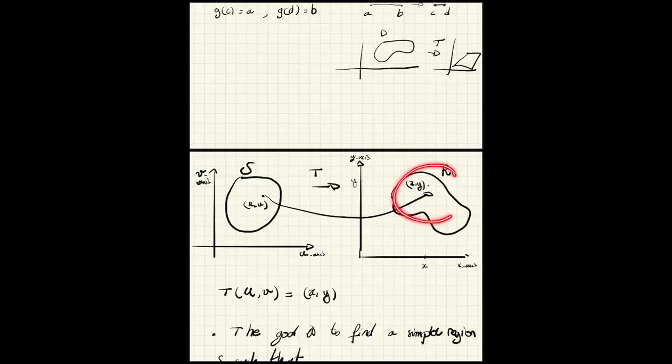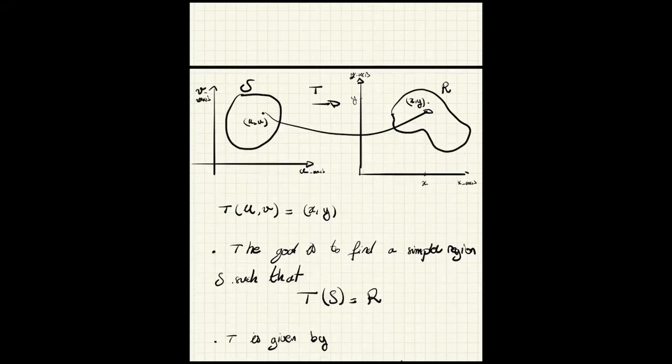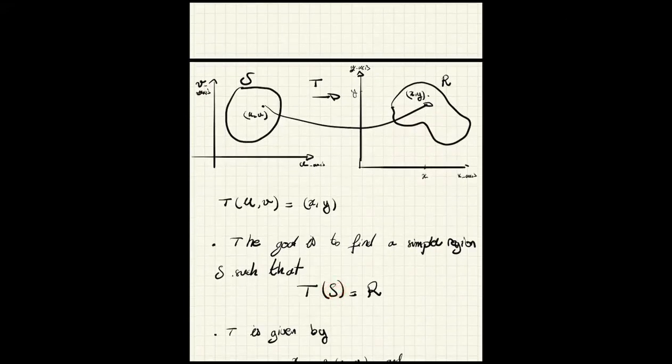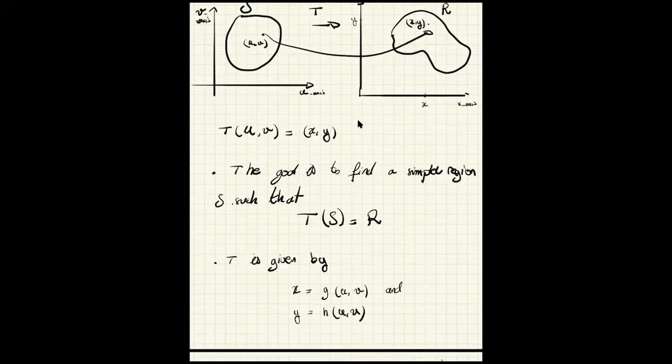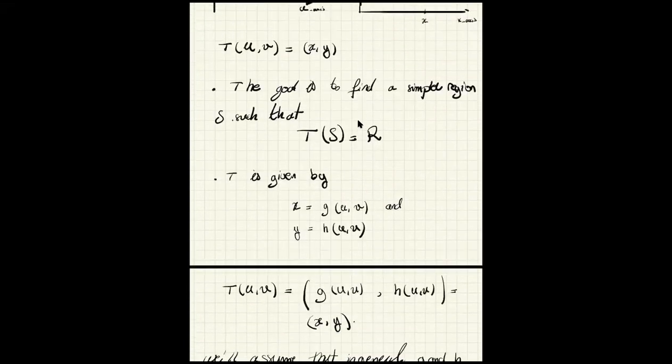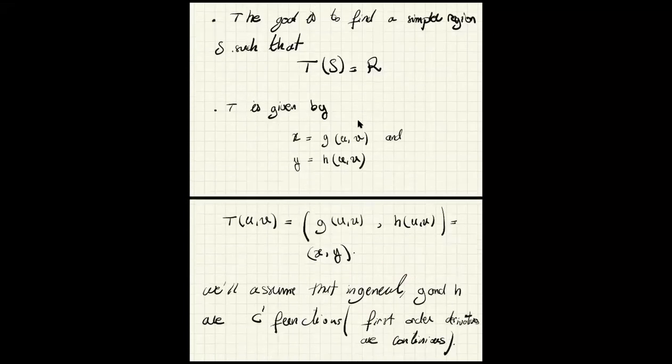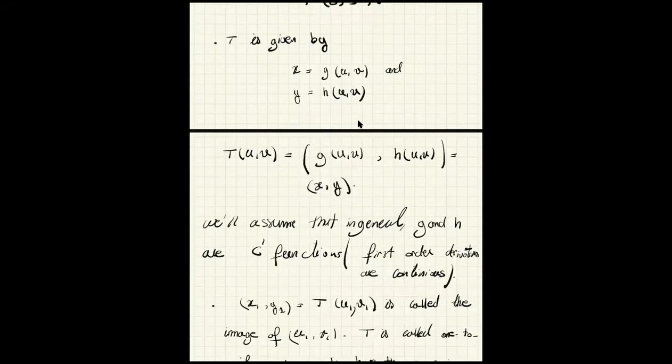We started with a region R, and we wanted to find a region S such that when I apply the transformation to S, it gives me R. Then a transformation is given by some function that depends on U and V, a two variable function for X, and a two variable function for Y. As I said, we'll assume that these functions are smooth and C1.